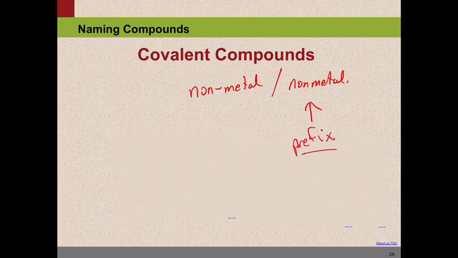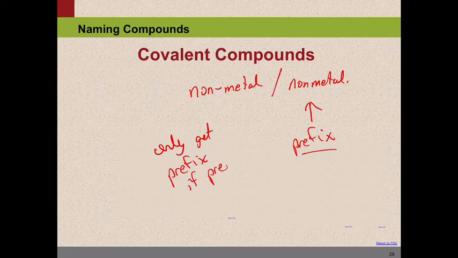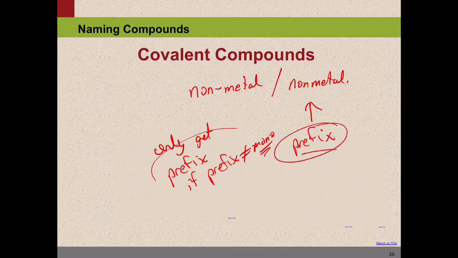The first ones only get a prefix if the prefix is not mono. So never use mono to start with. This one you can use mono, this one you cannot. I'm going to give you another little practice on this. Make sure you can do this skill. We've got to have this before we move on to the next section.